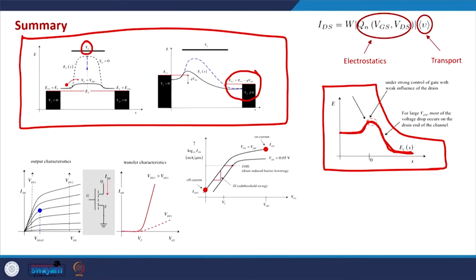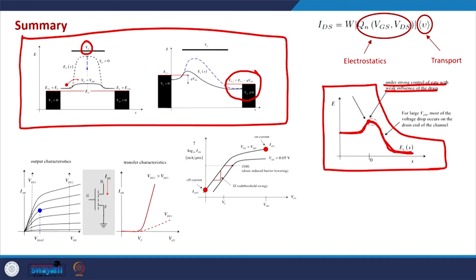And this point here, which is the point right at the beginning of the channel, which is also the peak of the barrier, is an extremely important point, and generally it is under the weak influence of the drain voltage and under the strong influence of the gate voltage. Okay.